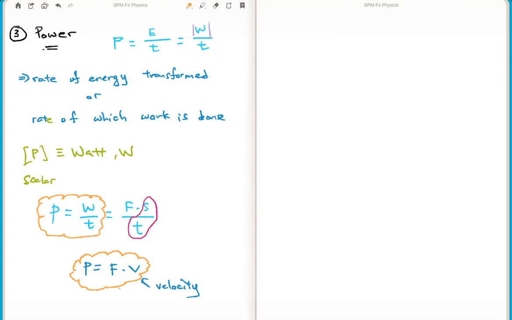So if you want to find the power of a car, you take the force, thrust, and the velocity. Or the other way around: they tell you the horsepower, you convert it to watts, and then you divide by its velocity in SI units, then you know the pushing force.